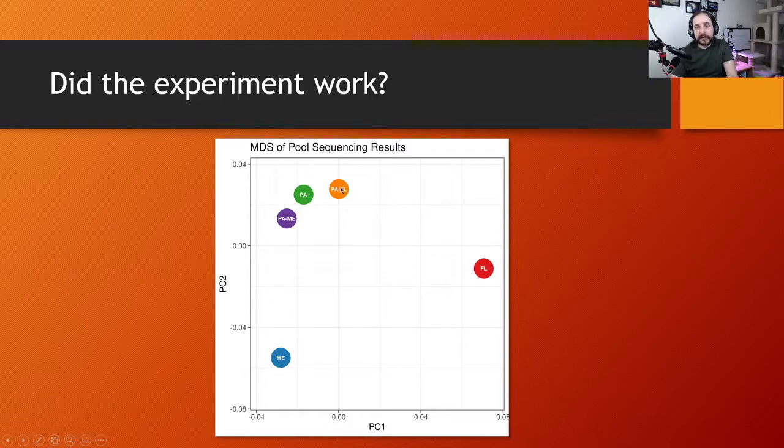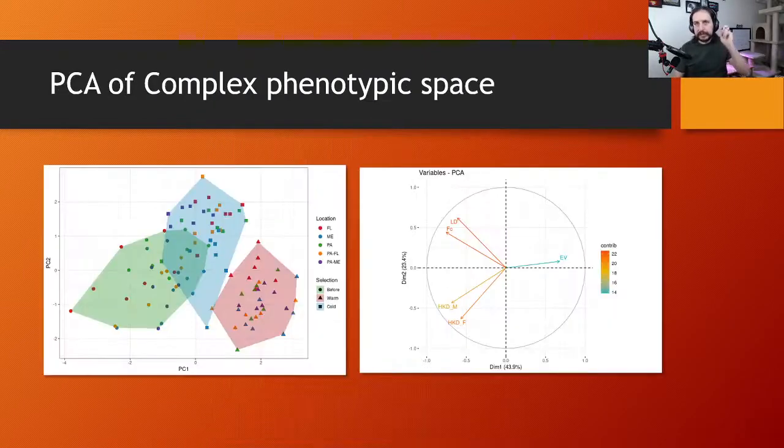And PA-Florida is closer to PA, and in between PA and Florida. This is good. This is what I wanted to achieve. Also PA-Maine is closer to PA, and it's between PA and Maine. This result shows that the migration part of my experiment worked. Okay, the second question. Did the selection work?